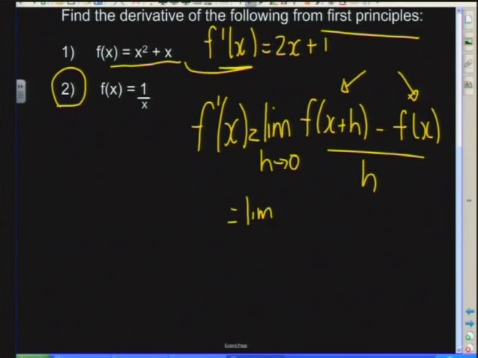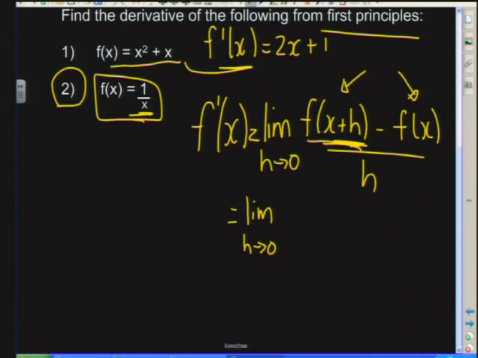So I'm going to say limit as h approaches 0. Now for f of x plus h, it means wherever there's an x, and I'm doing question 2 here, so we find the derivative of 1 over x. So that means wherever there's an x, I need to put in x plus h. Okay, that's what f of x plus h means.